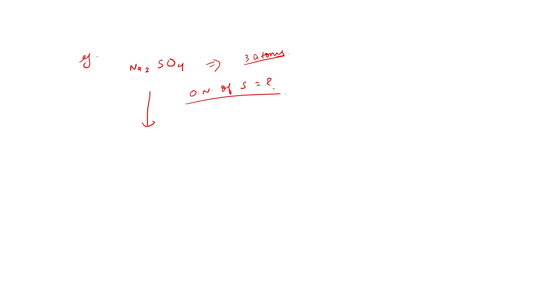To calculate the oxidation number of sulfur, we need the oxidation number of sodium and oxygen. We know sodium belongs to group 1. It has an oxidation number of +1. That means 2 sodium are carrying +1 and +1 oxidation number respectively. For sulfur we will write x. For oxygen having a -2.